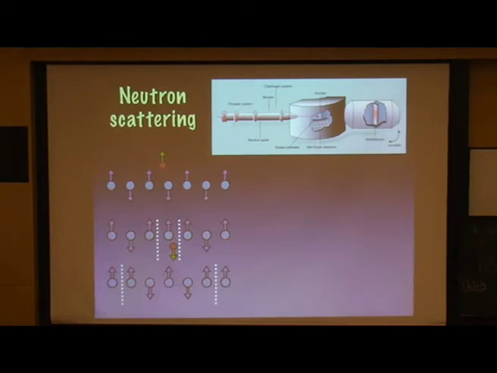So how do you do that? You use so-called choppers. Okay, so this sounds really high-tech, but the idea is that you have two sets of doors, and if you want slow neutrons, what you do is that you open one door, you wait, then you open the other door, and you close it. If you want to have faster neutrons, you do this. Okay? It's as simple as that.